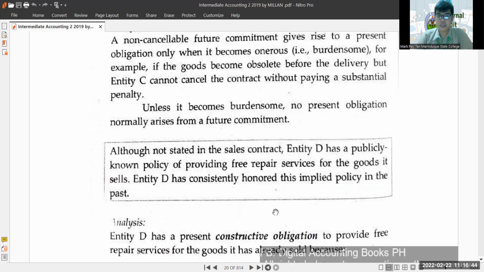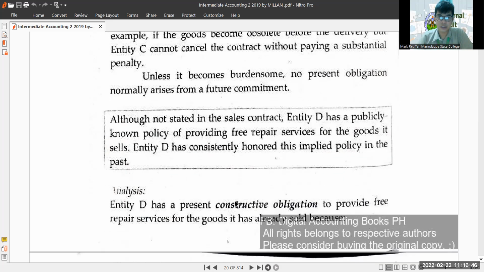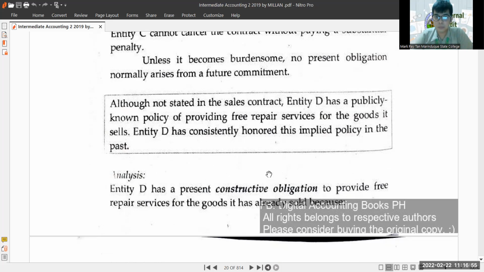So, ayan. For the first time, this example is may obligation na si entity D. Ang tawag natin dito is constructive obligation. Sige, basahin natin. Entity D has a present constructive obligation to provide free repair services for the goods it has already sold.